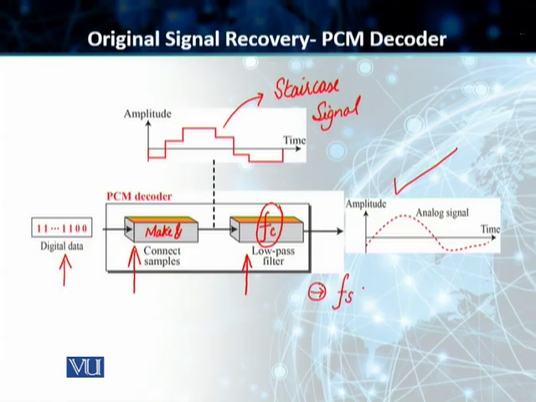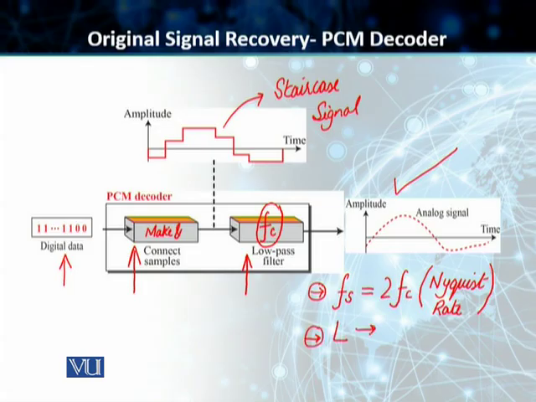your sampling frequency should be at least twice the frequency of the original signal, and this is nothing but your Nyquist rate. Number two is the number of quantization levels.